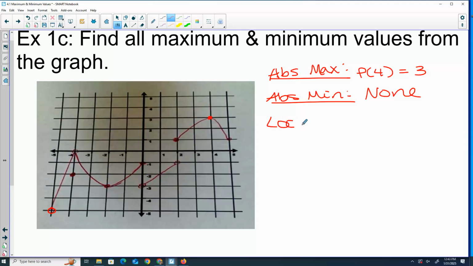Okay, local max. These exclude endpoints, and they're higher or lower than surrounding points. So would my absolute max count as a local max as well? Yes, because it's not an endpoint. Okay, what other high points? Right here's a high point, but what's wrong with it? It's open. Here is a high point. Is that higher than the points on the left and the right of it?